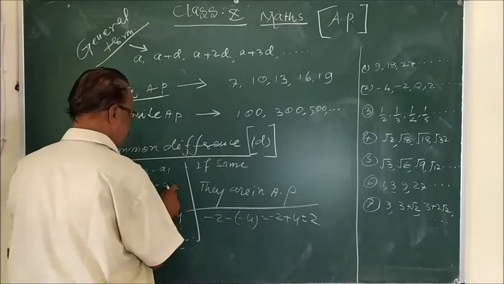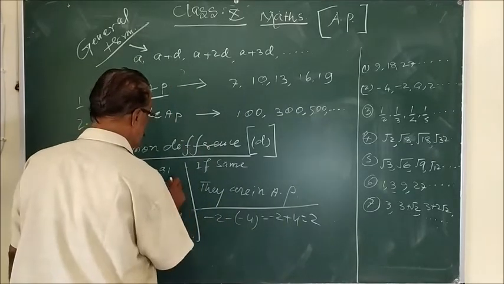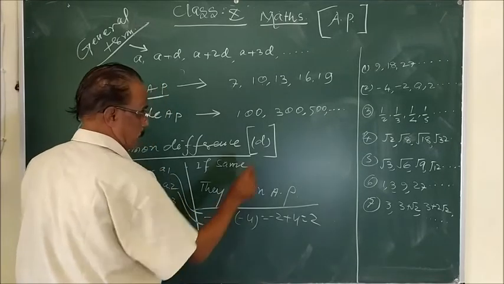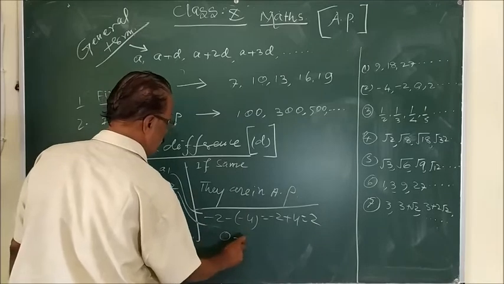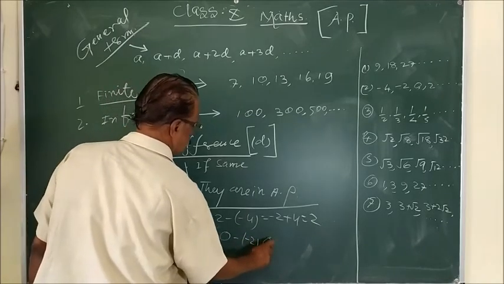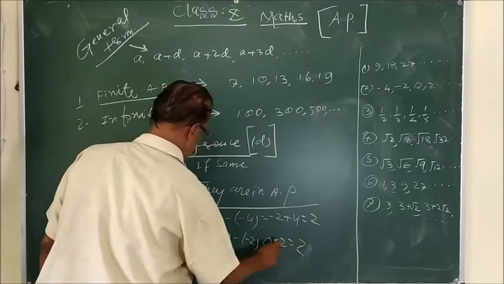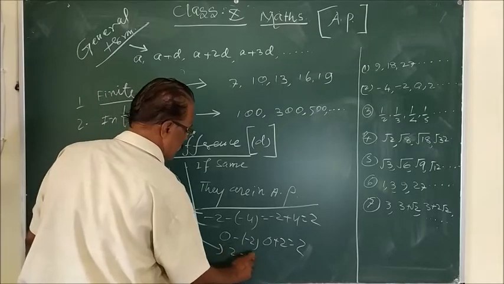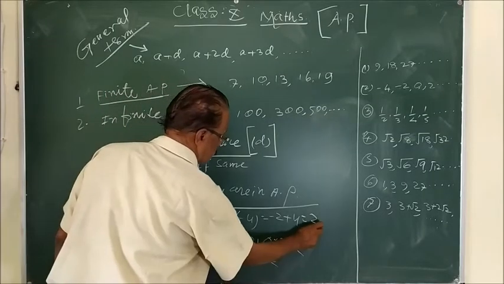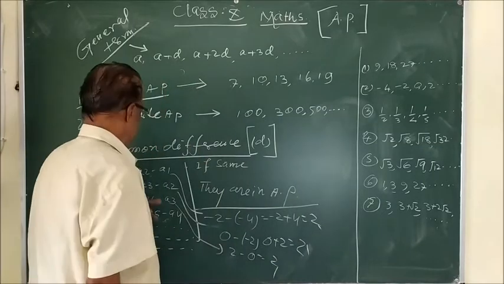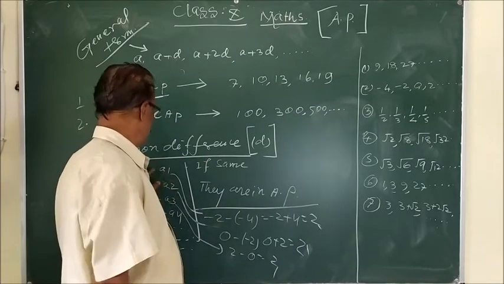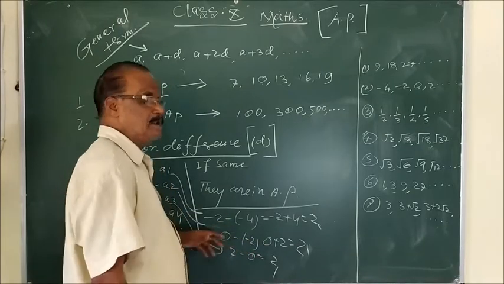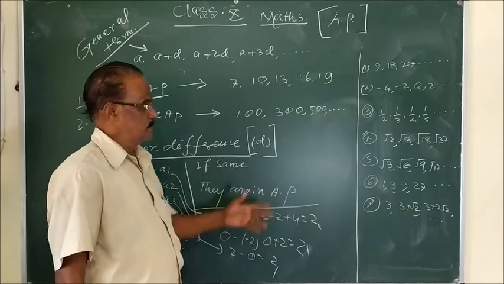Now A3 minus A2: A3 is 0, so 0 minus minus 2, 0 plus 2, is equal to 2. Now you see A4 minus A3, 2 minus 0 is equal to 2. So we find here third term minus second term, second term minus first term, and so on, are equal. This means these are in AP.